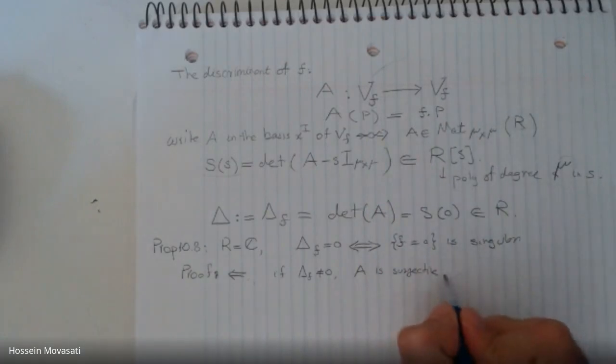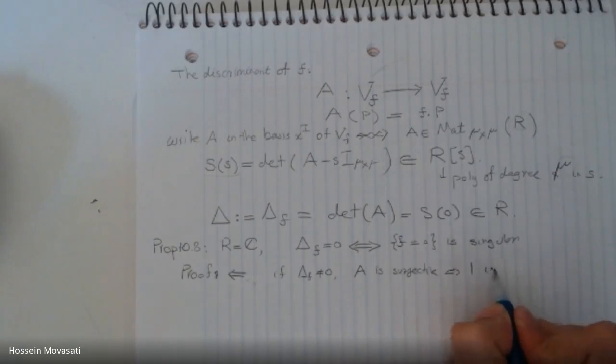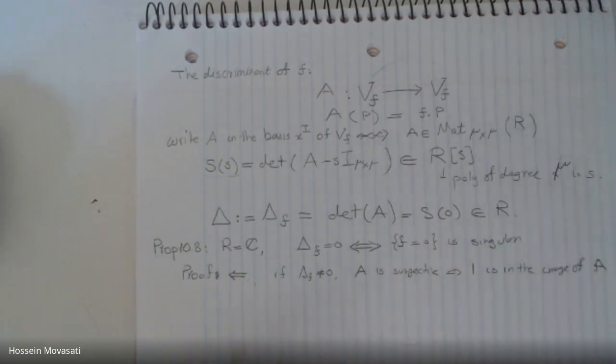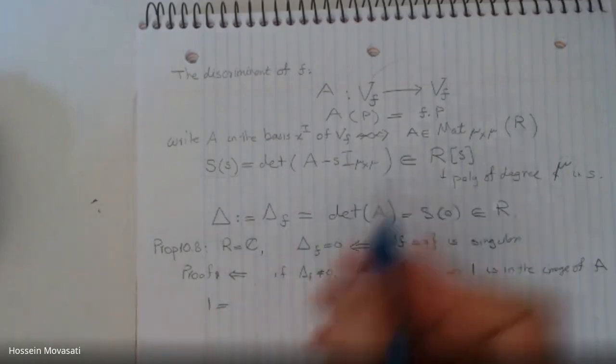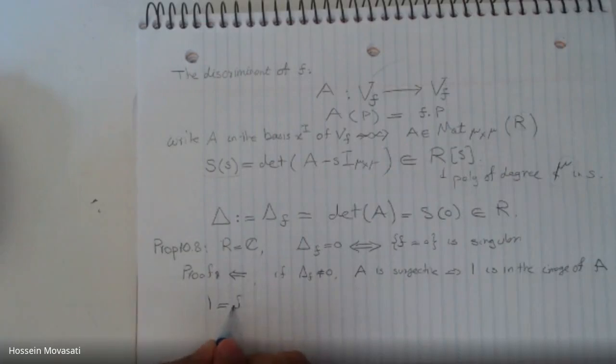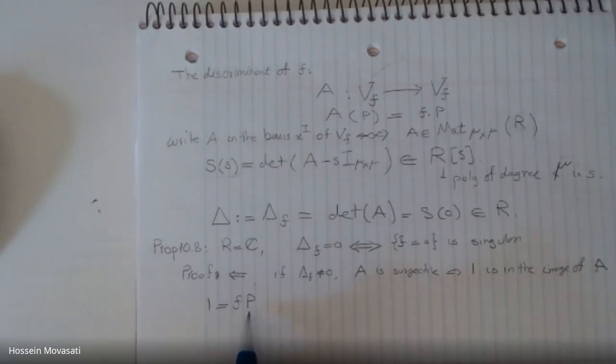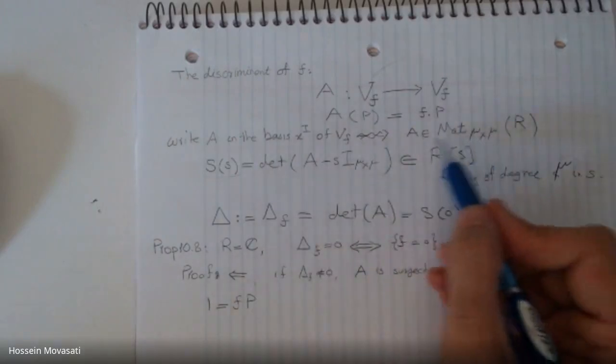In particular, this means that the number 1 is in the image of A. So 1 is equal to f times some polynomial p, but of course modulo the Jacobian.